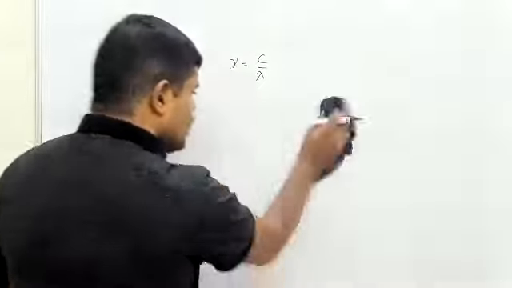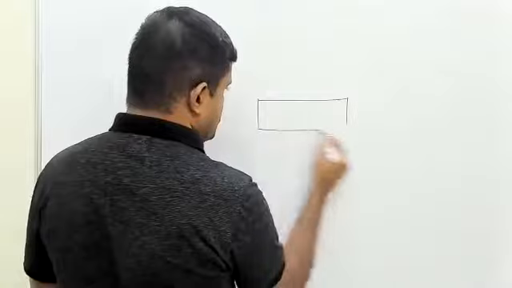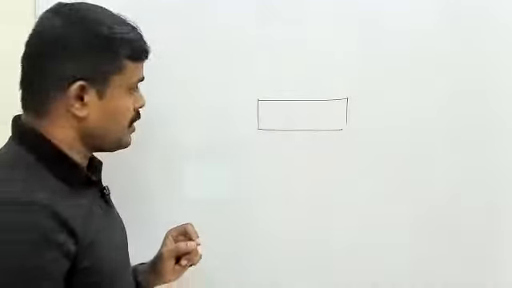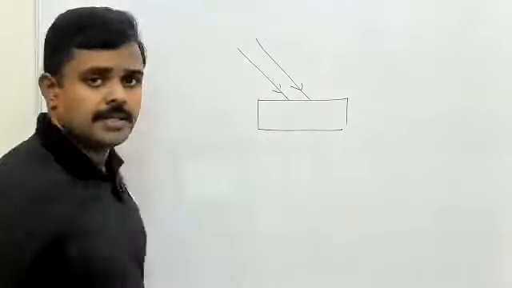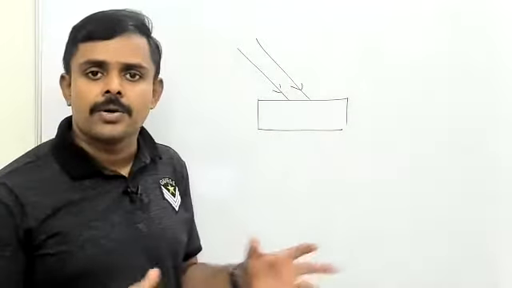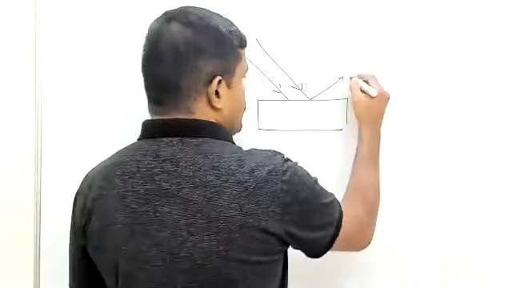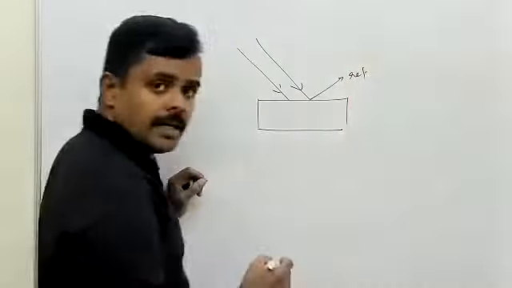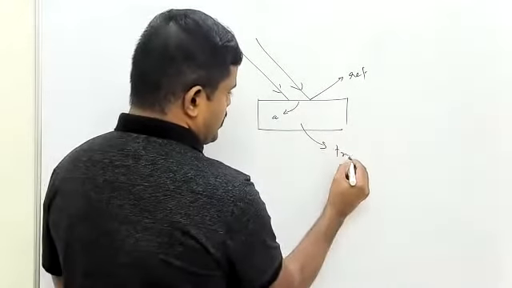And if you take a surface, just imagine a surface is there and a ray of light, or heat radiation, is falling on it. These heat radiations go in 3 different ways. A part of it is reflected, another part is absorbed, another part is transmitted.